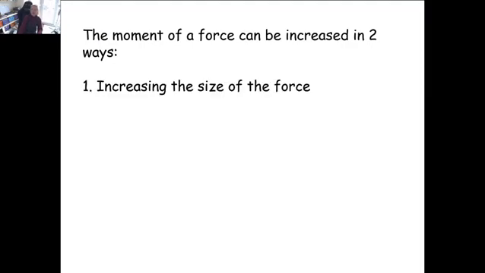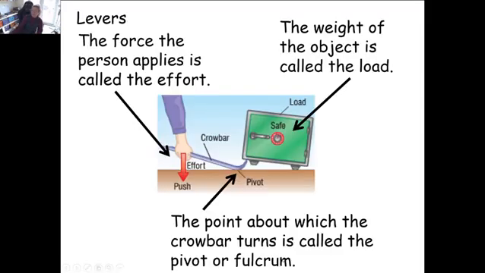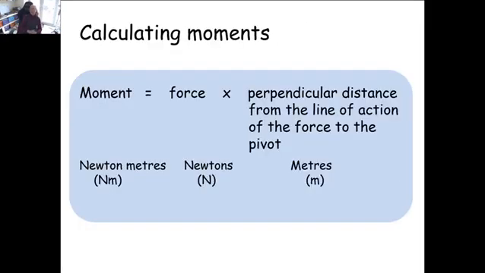You can increase the moment of a force in one of two ways. Either you can increase the size of the force that's doing the turning, or you can increase the distance between the force and the point of rotation. Okay, so we have an equation that you need to be familiar with.